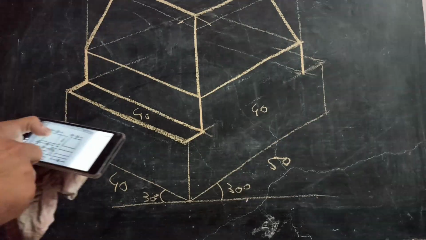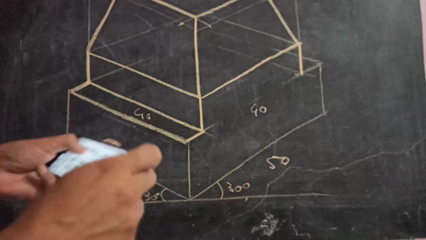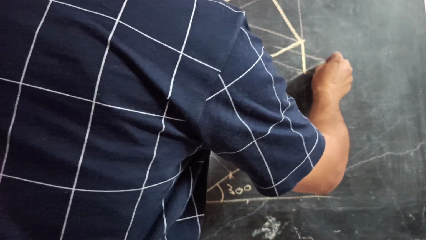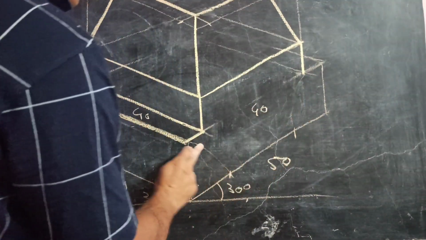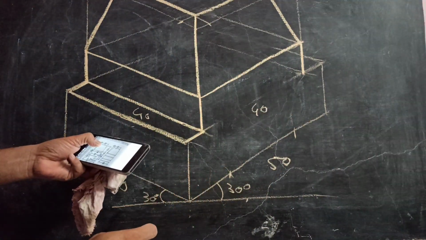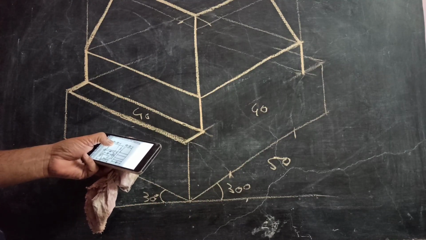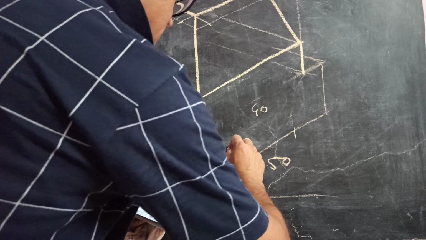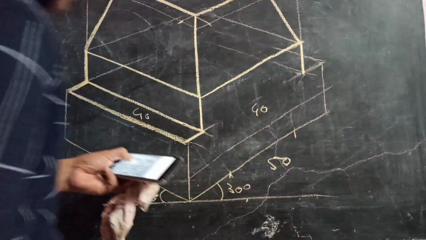Then there is a slot dovetail here. So 15 from this side and 15 from this side. And the dovetail slot is there, which is having the height of 6. So 6, you can draw a line parallel to this.